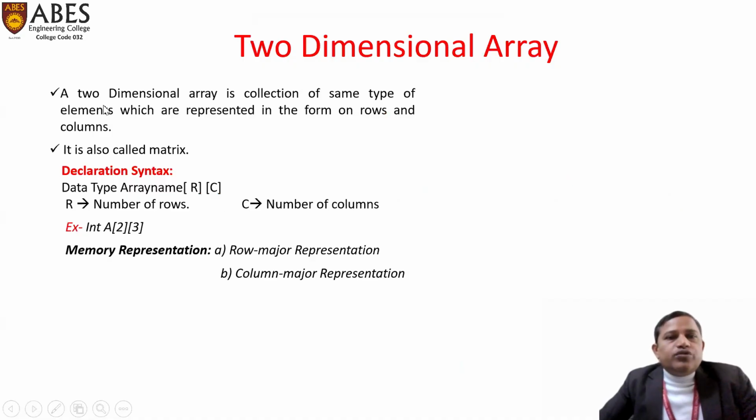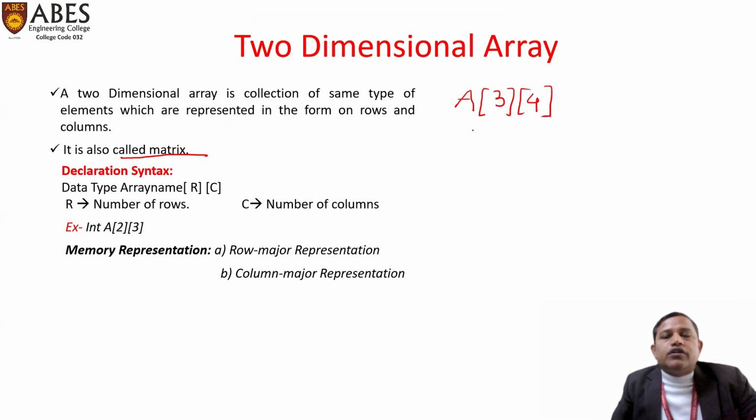First, we need to know what a two-dimensional array is and how to represent it. Basically, a two-dimensional array is a matrix. Suppose there is an array A and we want to represent it as 3 into 4.